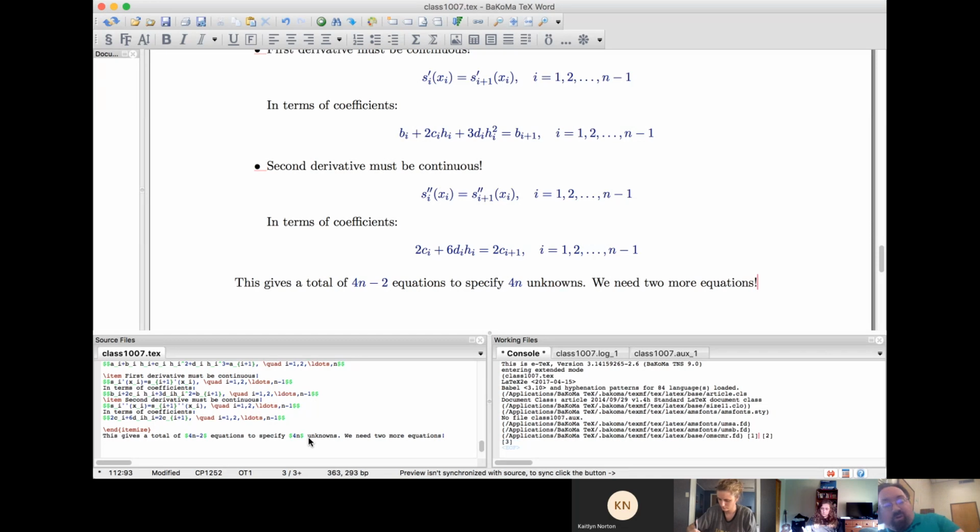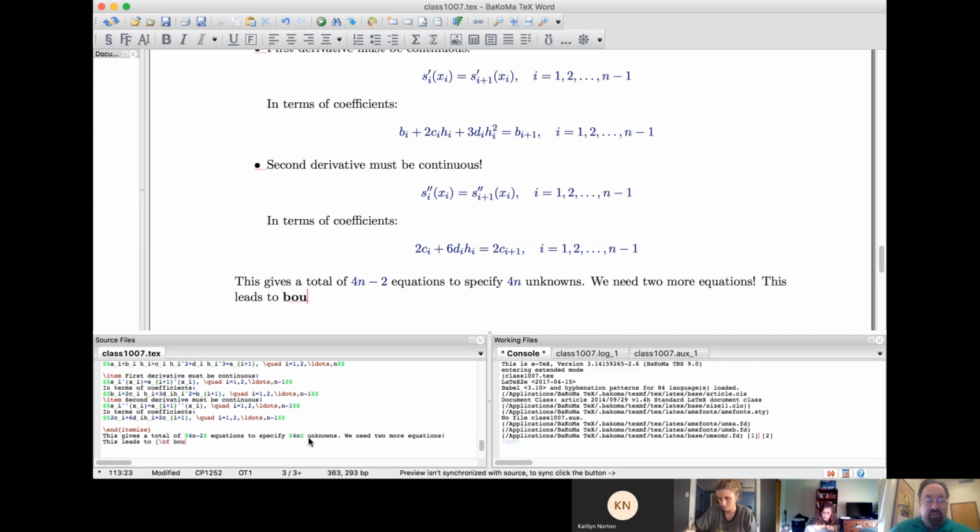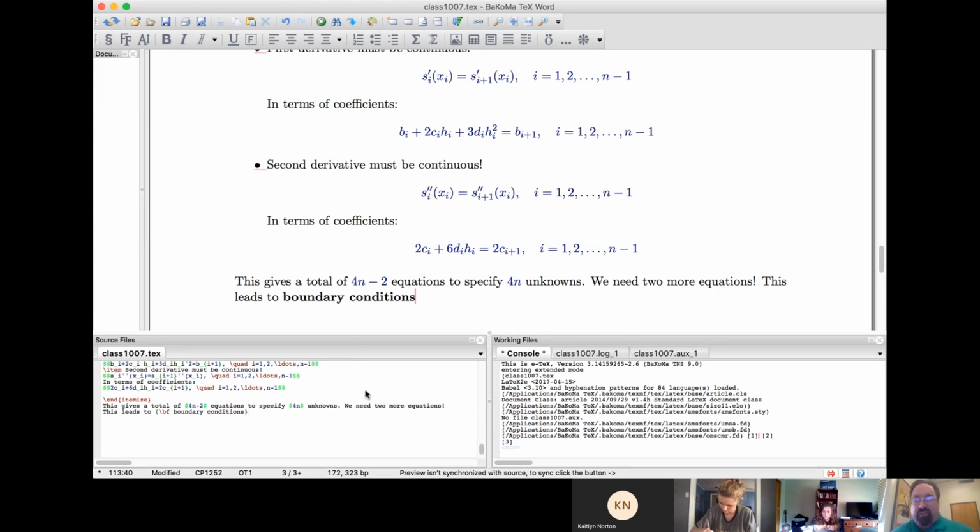So we have to specify 2 more conditions on these coefficients, and that will specify the spline completely. And the thing is, there are different ways of doing that. I'm just going to talk about a couple of them here. What we impose are called boundary conditions, because we have 2 boundary points and we need 2 conditions. So it makes sense that whatever we specify should relate to the boundary.